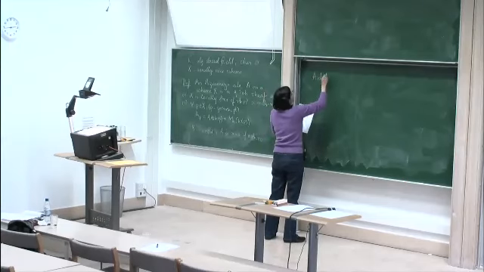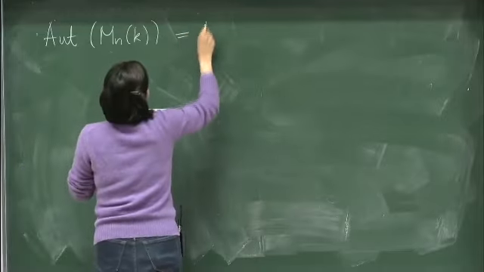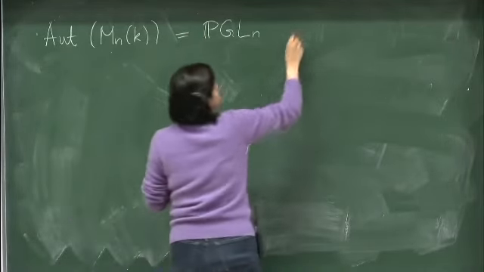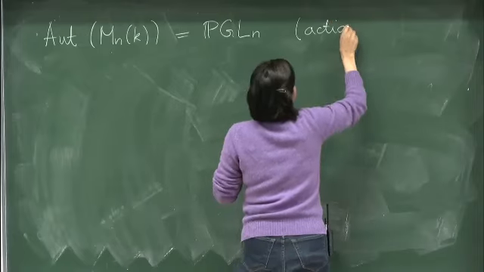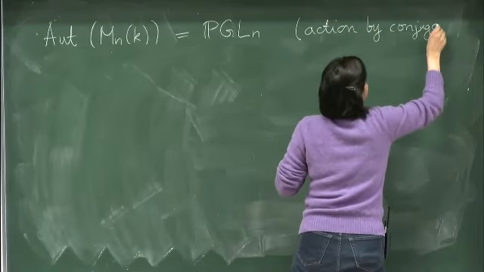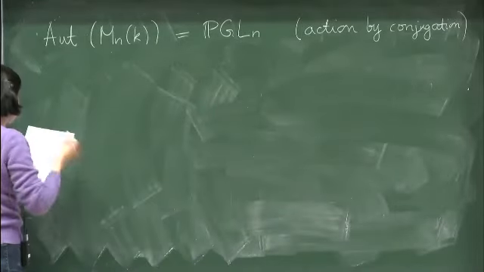Now the automorphism group of matrices is just PGL_n, and the action is by conjugation. So you just conjugate by an invertible matrix.